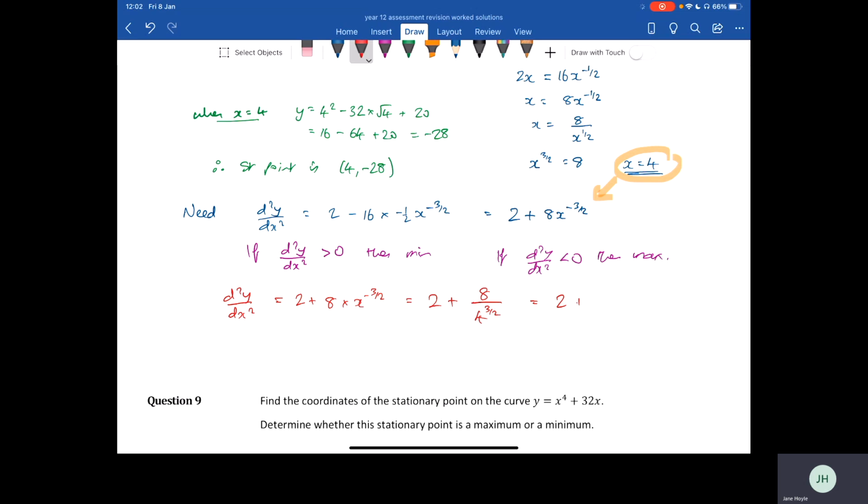But if I just go ahead and evaluate that, I'd have 8 over 8 there, which is equal to 3. And as 3 is greater than 0, I've got d2y by dx squared is greater than 0. So I have got this option here. Hence the point, where was it? 4, negative 28 is a minimum.